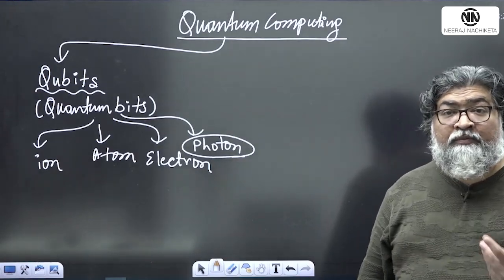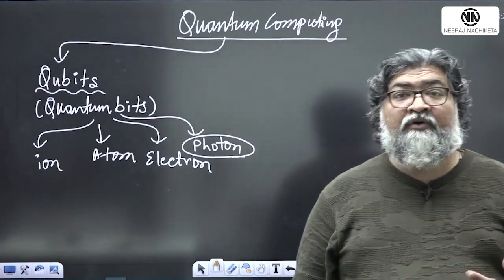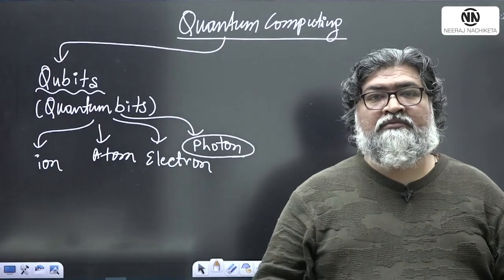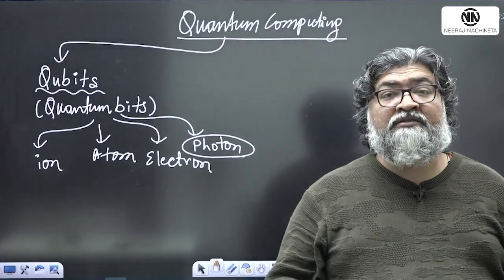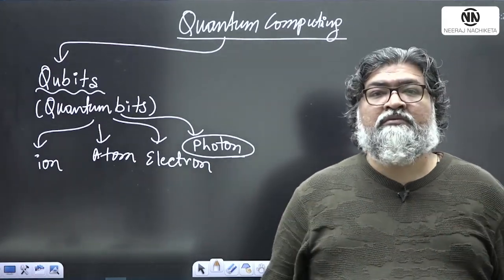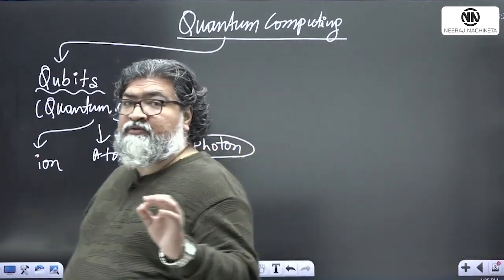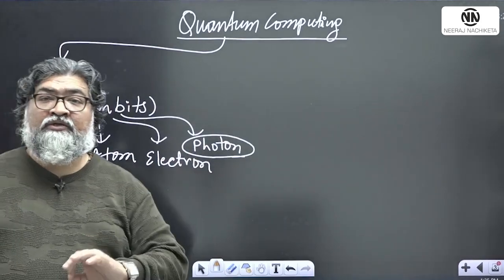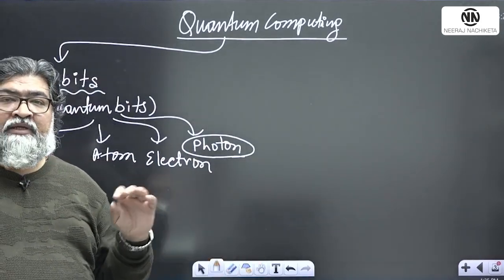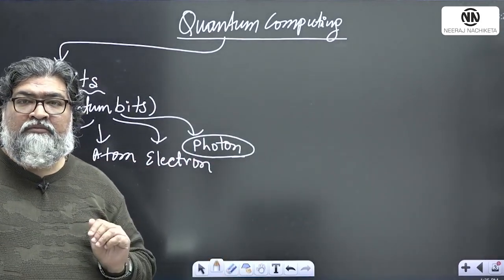You know that a Nobel Prize has been given for this entanglement, which has a lot of applications in future. So now, it works with quantum bits. Any such atom, molecule, ion, electron or even photon can behave as a quantum bit, right?